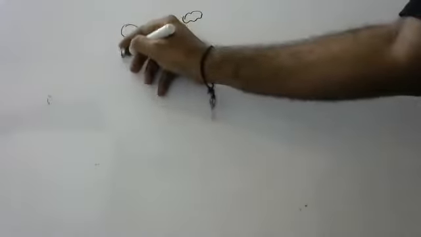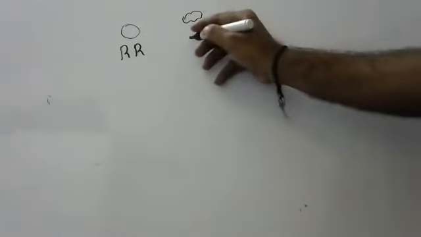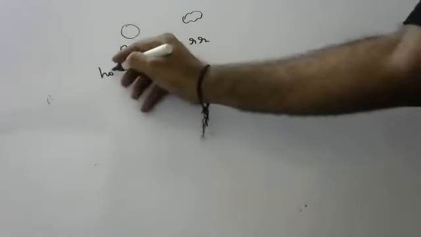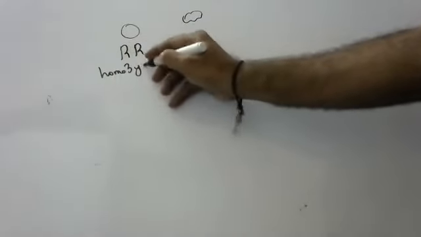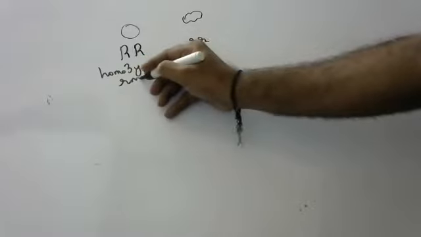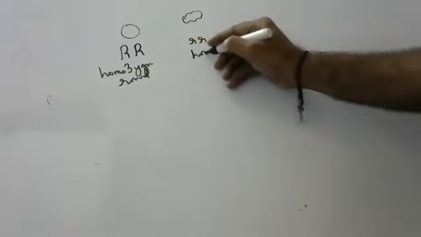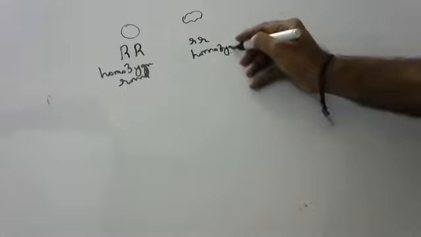Which one do you want dominant, round or wrinkled? Round. Okay, when round is dominant, homozygous round is big capital letters, and homozygous wrinkled is small letters.